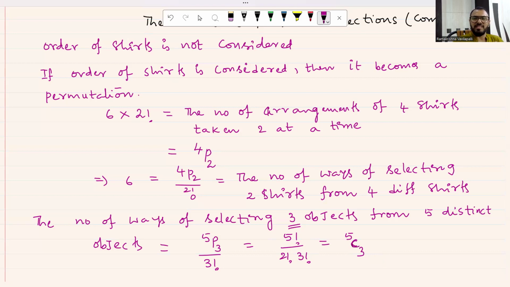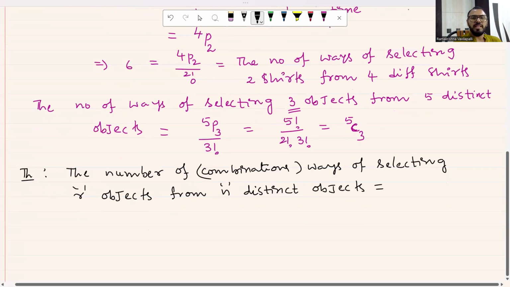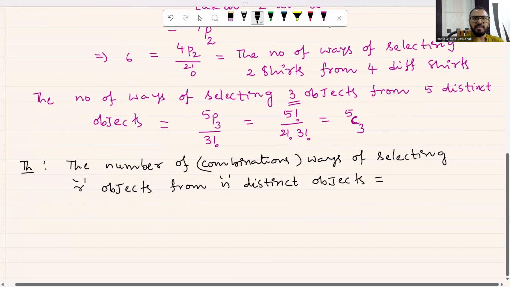Now we can generalize. The number of ways of selecting R objects from n distinct objects is nCR. nCR is equal to n factorial by R factorial into n minus R factorial. I'll write that. The number of combinations is the same as the number of ways of selecting R objects from n distinct objects, right?